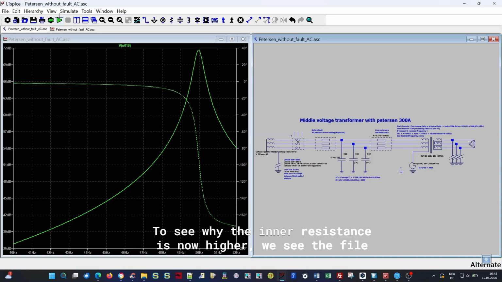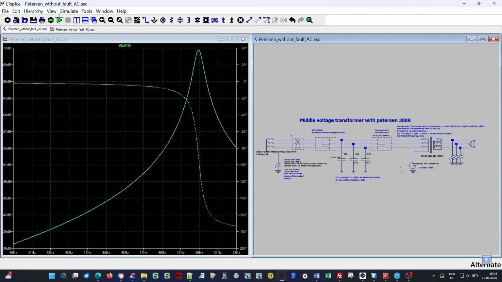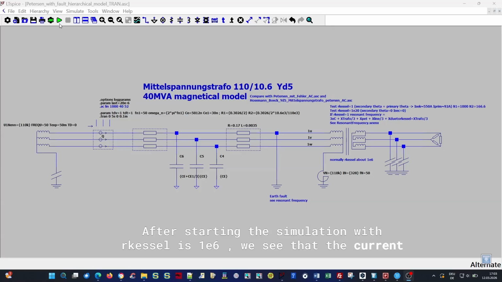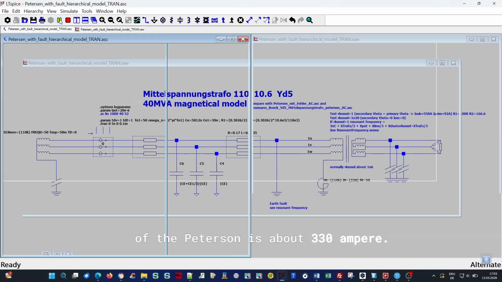To see why the inner resistance is now higher, we look at the file Petersen with fault hierarchical model tran. After starting the simulation with R Kessel equals 1E6, we see that the current of the Petersen is about 330 ampere.